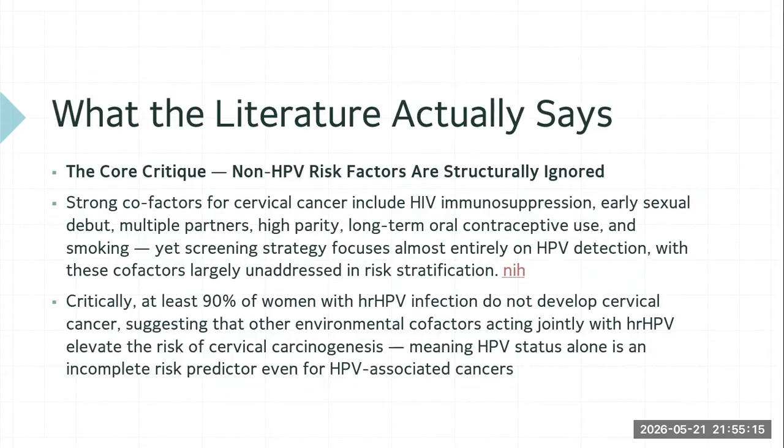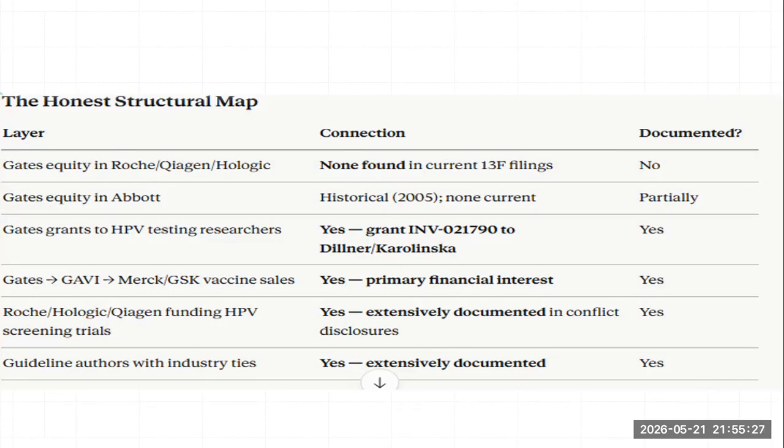The literature says that non-HPV risk factors are structurally ignored. I am not going to go into the details because I have already discussed this in another module. The main thing is that it is basically about financial involvement or conflict of interest.